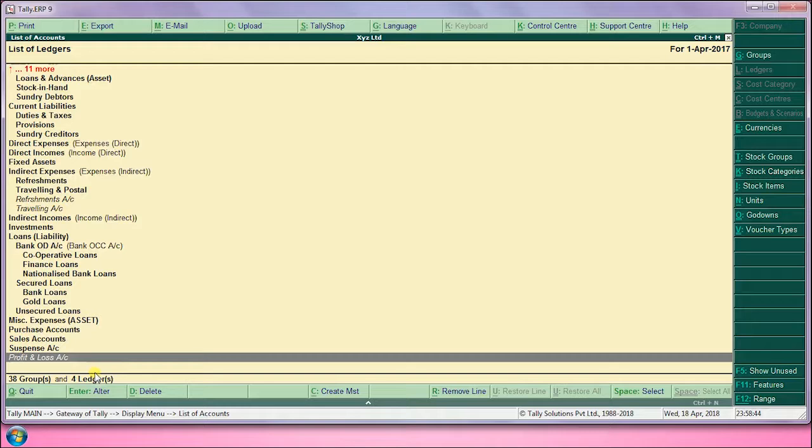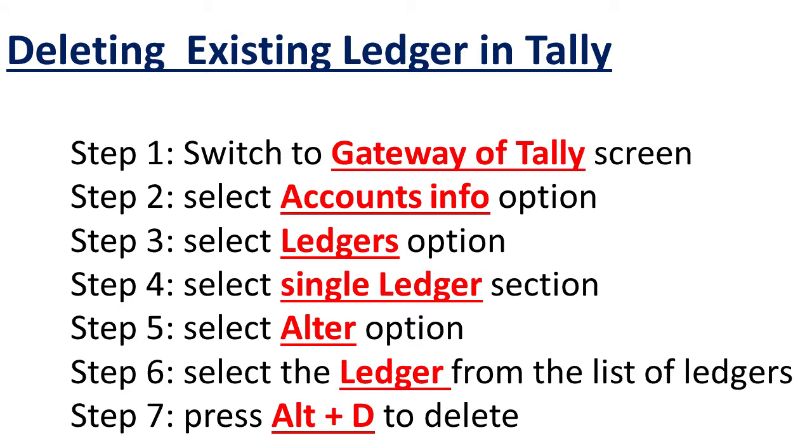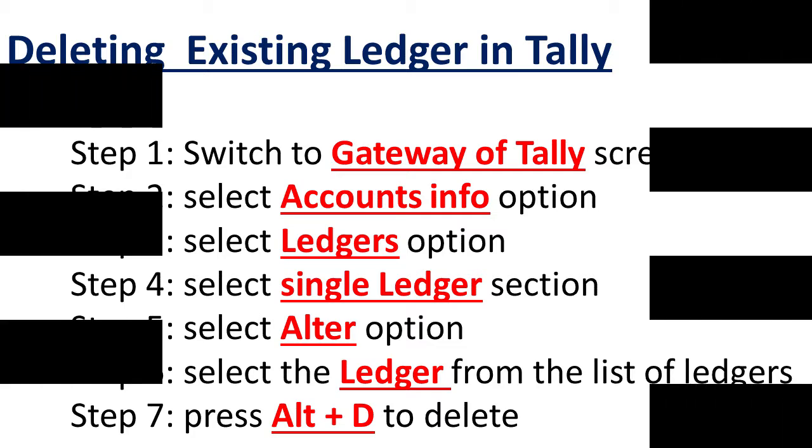Next we will see how we can delete a ledger in Tally. To delete a ledger, the same way, switch to Gateway of Tally, Accounts Info, Ledgers, Single Ledger, then select Alter option, then select the ledger from the list of ledgers, and then press Alt D to delete.